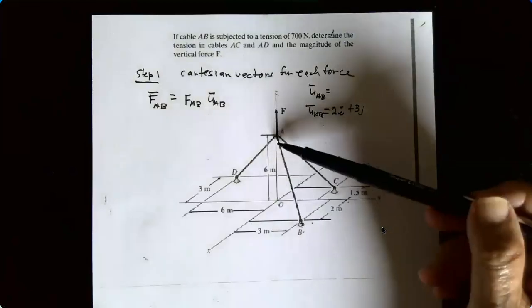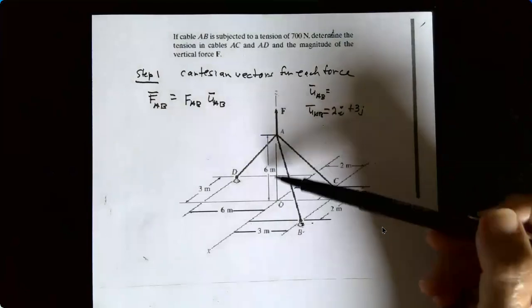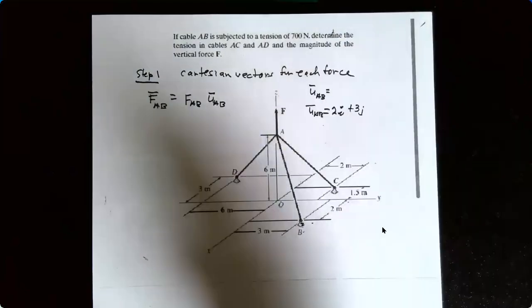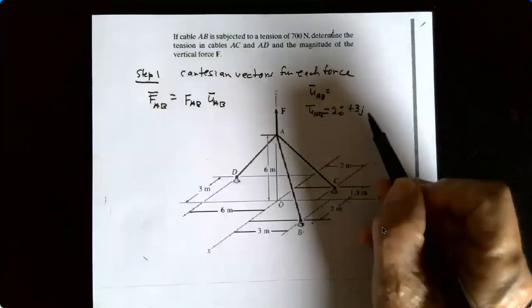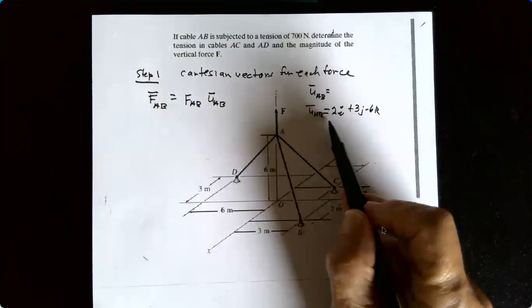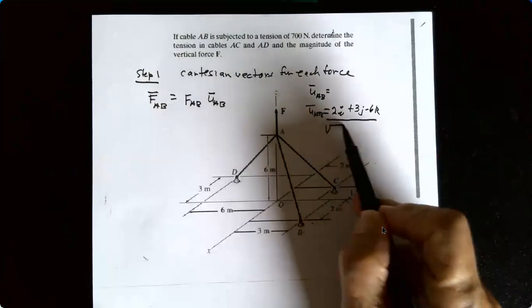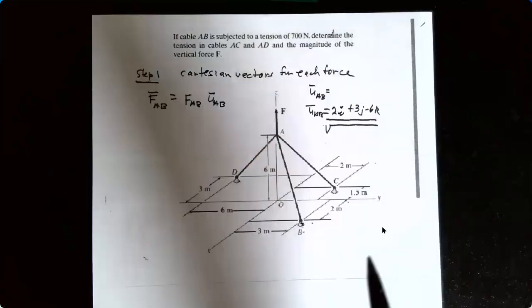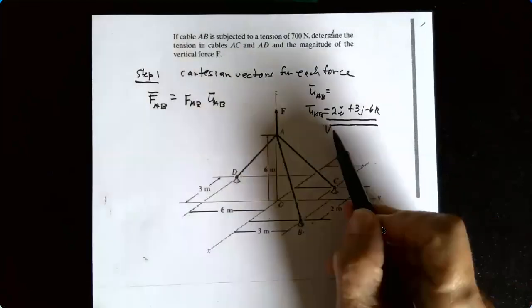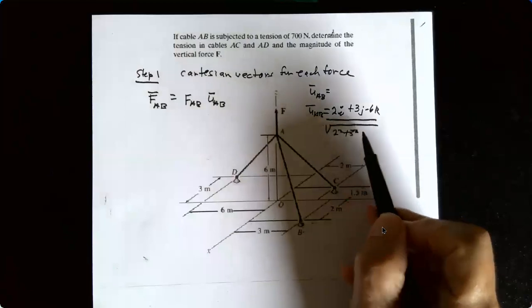And if you notice, the 6 meters is going in the negative direction, so that's minus 6K. And then what we do to finish this is we divide by the square root of each of the IJK terms squared. So this is 2 squared plus 3 squared plus minus 6 squared.